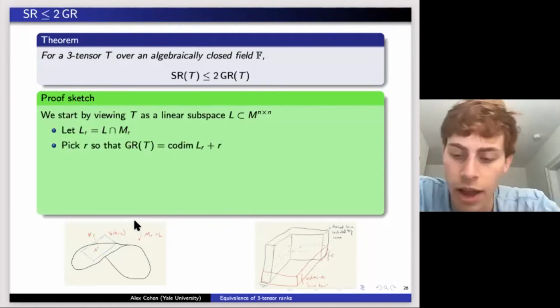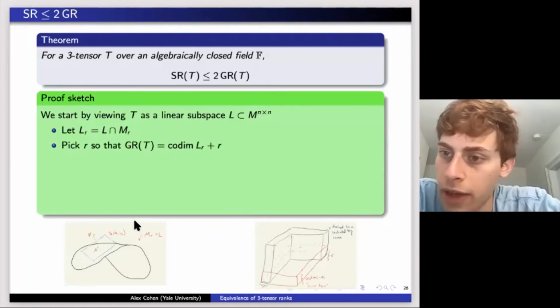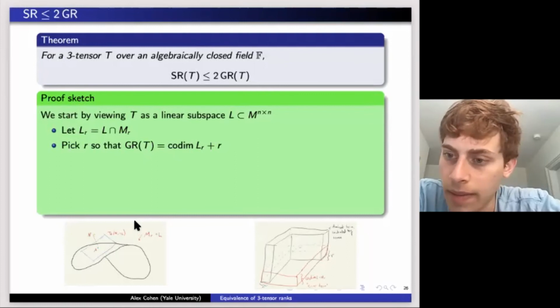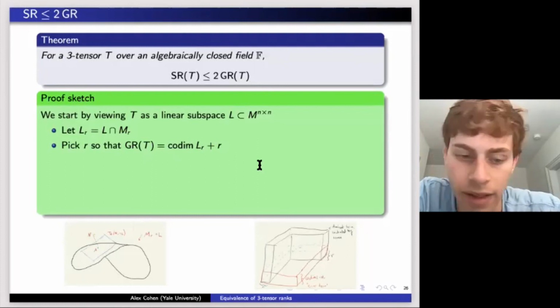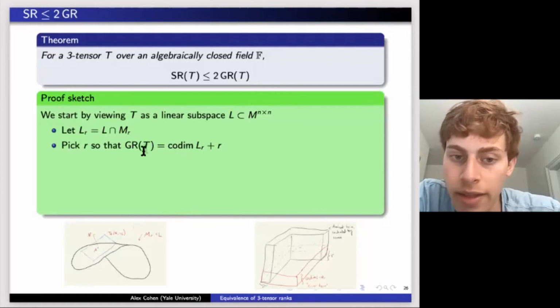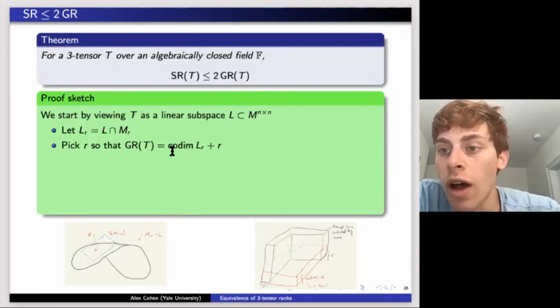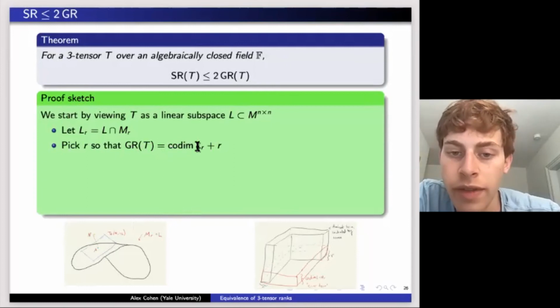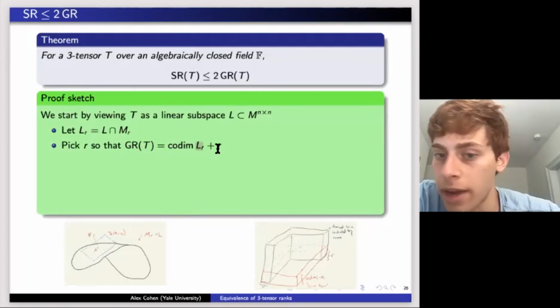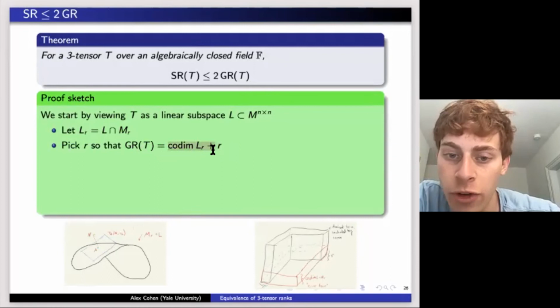Now it is a theorem which was proven in Guy and collaborators' original paper on geometric rank, that the geometric rank is equal to the minimum over all R of the codimension of this variety L_R plus R. There are two factors to balance here.